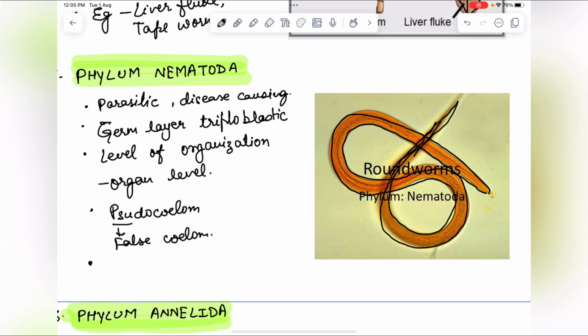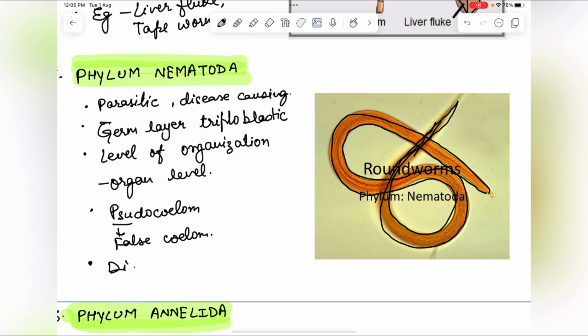Next point is, in this the male ascaris is smaller than female ascaris. Ascaris is an example of phylum Nematoda. The posterior end of the male ascaris is curved, whereas the posterior end of the female ascaris is straight.